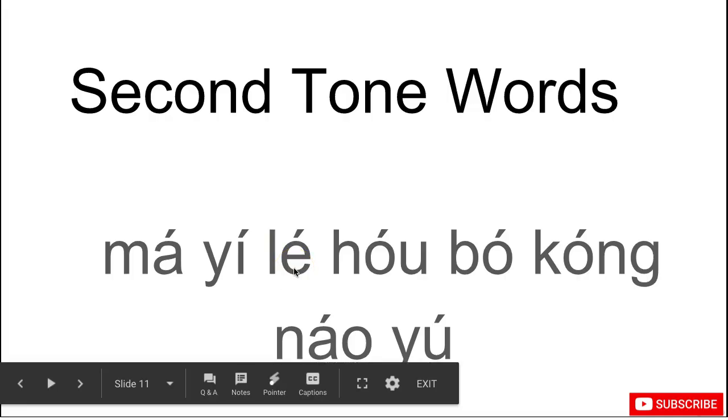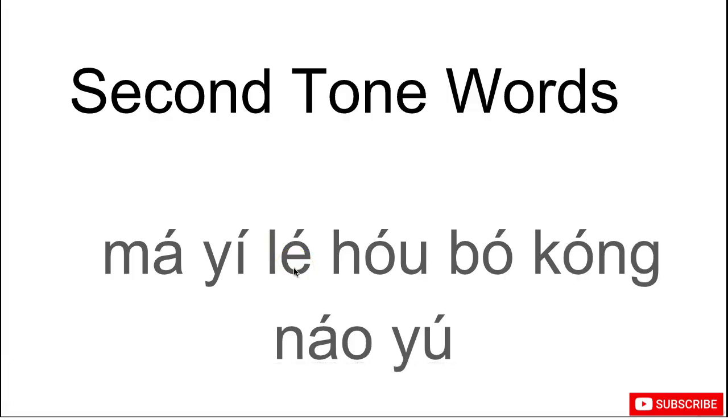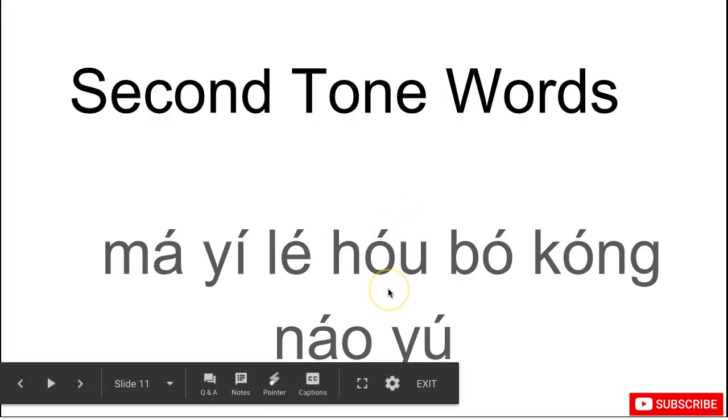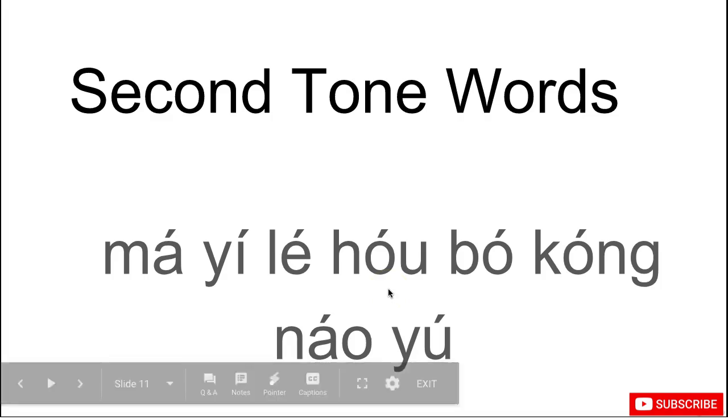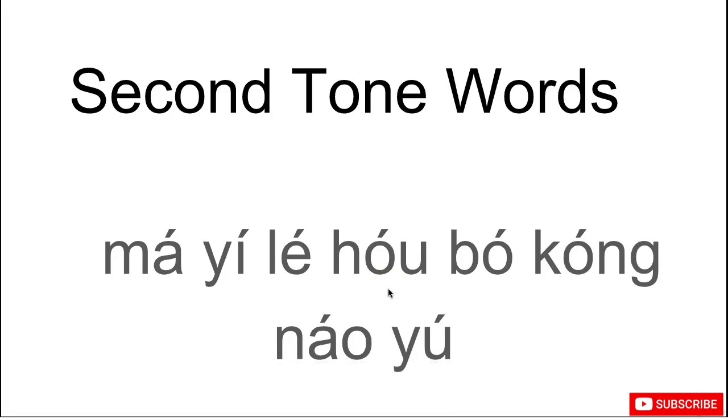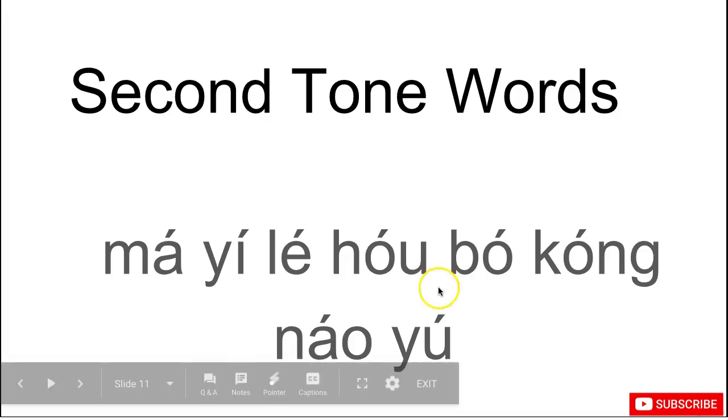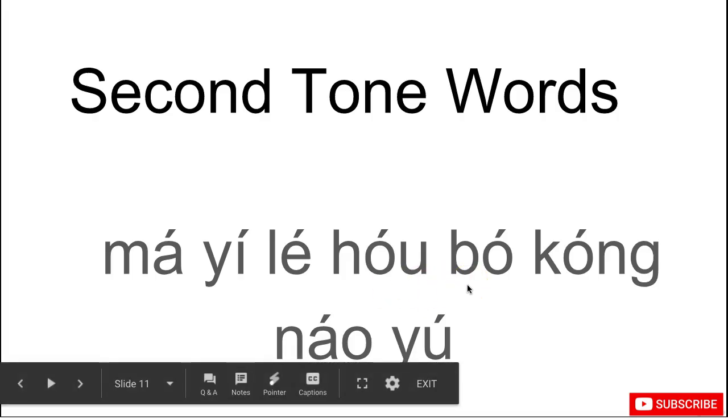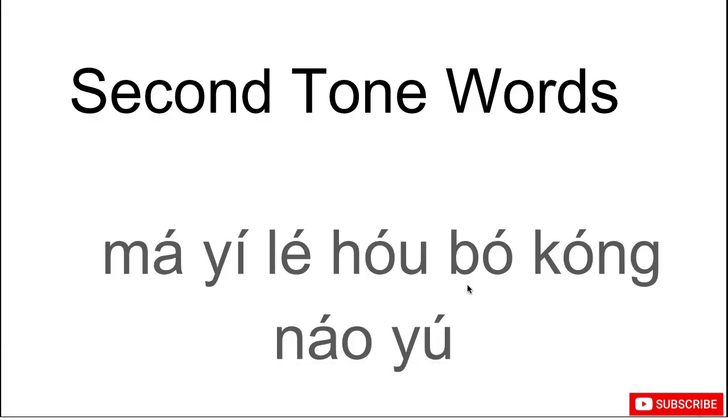Le, le, le, le, le, and le. Let's go for the fourth one. Ho, ho, ho, ho, ho. Let's go for the fifth one. Bo, bo, bo, bo, bo, and bo.